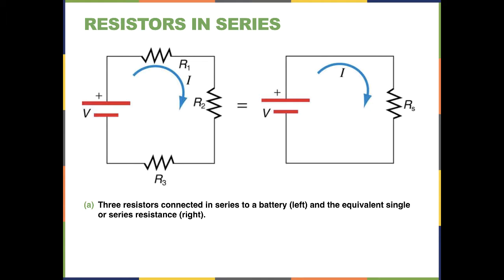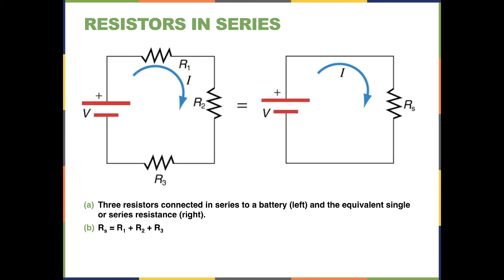And the equivalent resistance in a series circuit is equal to the sum of the resistances of the three resistors. So if you were asked to give the equivalent resistance given the following diagram, you would say it would be equal to R1 plus R2 plus R3.